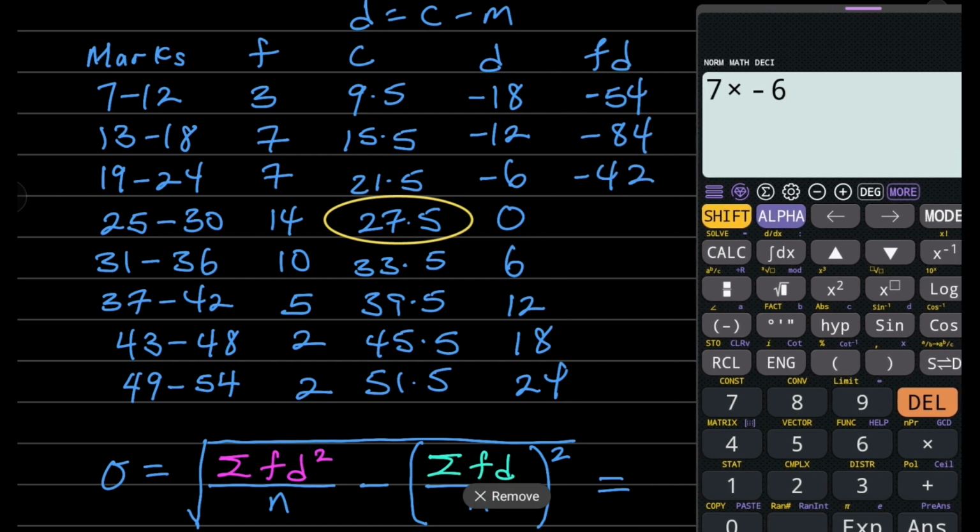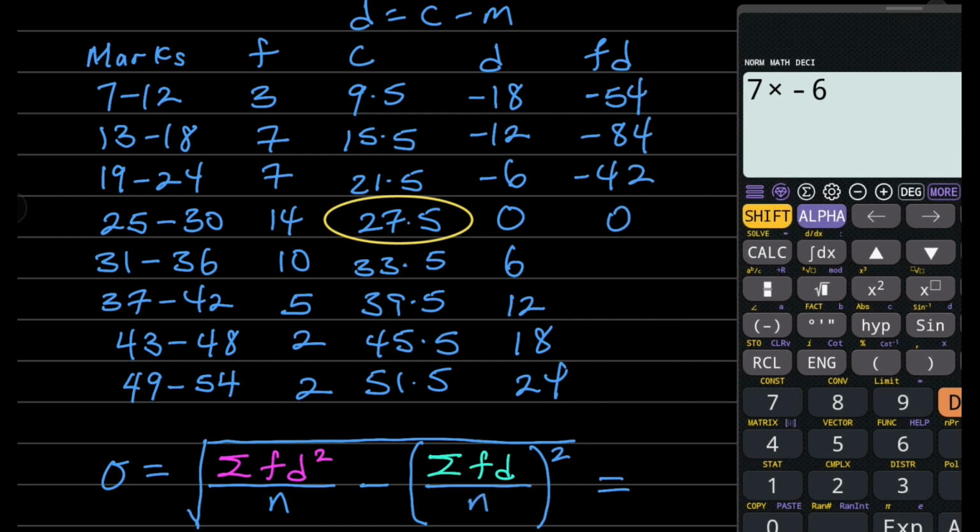Up next we have 14 times 0, 0. 10 times 6, 60. 5 times 12, still 60. 2 times 18, 36. And finally 2 times 24, instead 48.